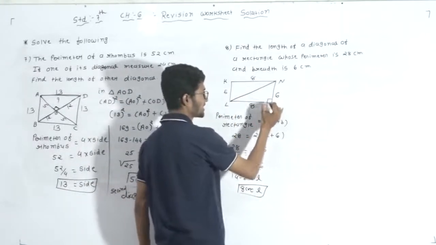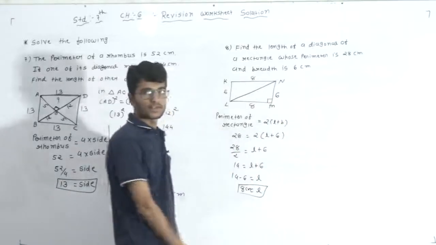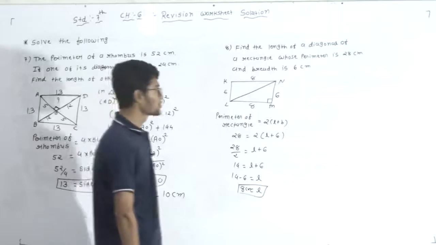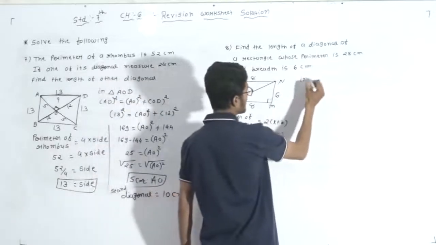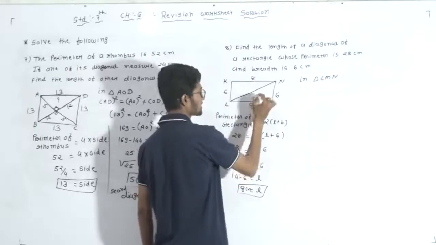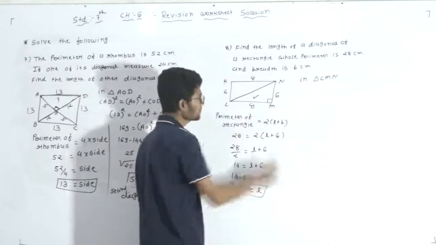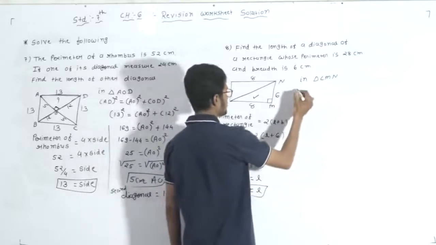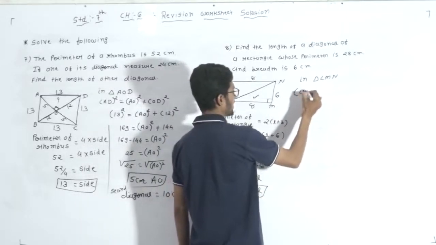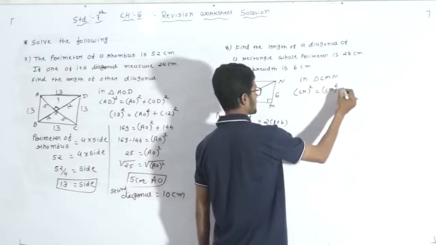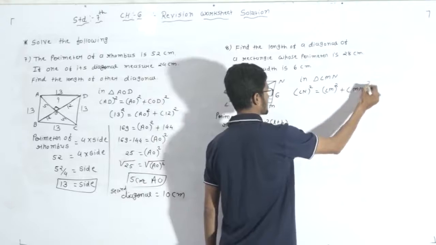All the angles are right angles, so using hypotenuse square is equal to base square plus perpendicular square, this means using the Pythagoras theorem. So in triangle LMN, this triangle, I am talking about this triangle, the hypotenuse is opposite. So LN square is equal to LM square plus MN square.